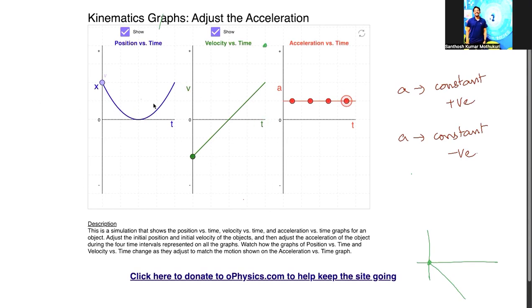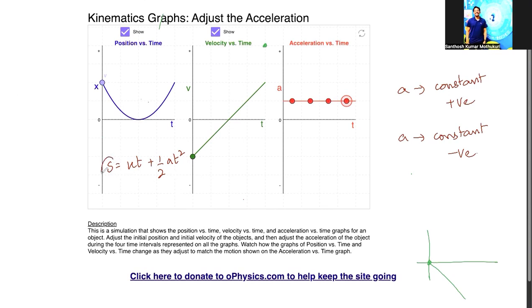But what about this equation? When you look at the position versus time graph, displacement is defined as the change in the position. From the SUVAT equations, we write s as ut plus 1 by 2 at squared.